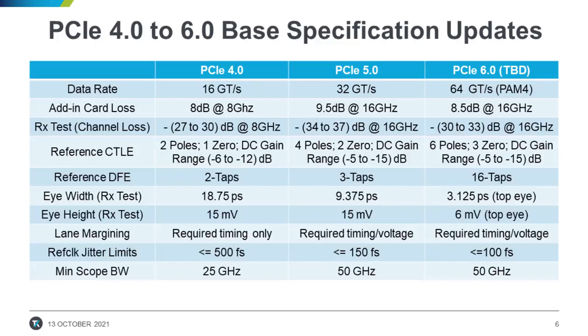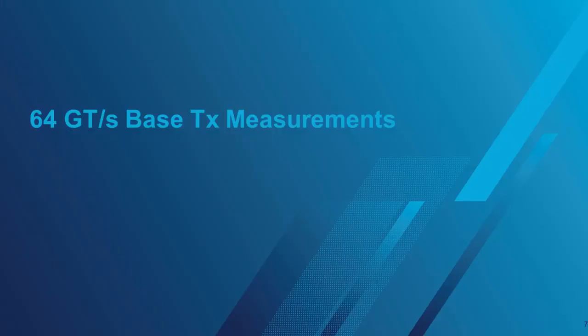So that definitely represents a new challenge: how do you do a measurement at less than 100 femtoseconds? We've seen a lot of advanced capabilities come up there for Gen 5, and we expect that to continue for Gen 6 as well. Scope minimum bandwidth, we've gone from 25 to 50, and we've stayed at 50 for Gen 6 as well.